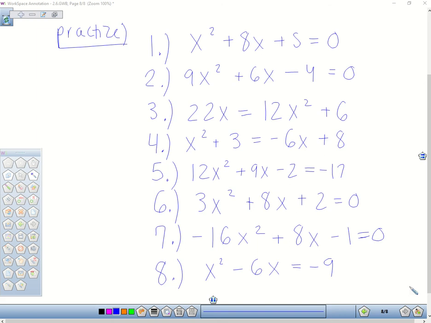And while you guys do that, I'm going to do the solutions to 2 and 3, and then you can check your work with me for the examples.